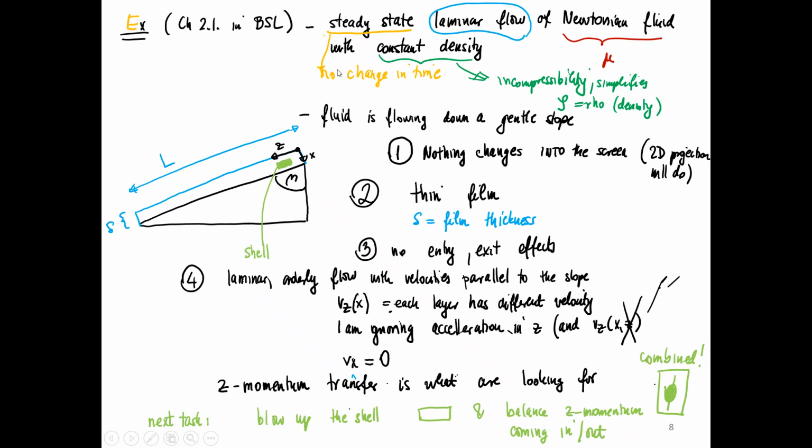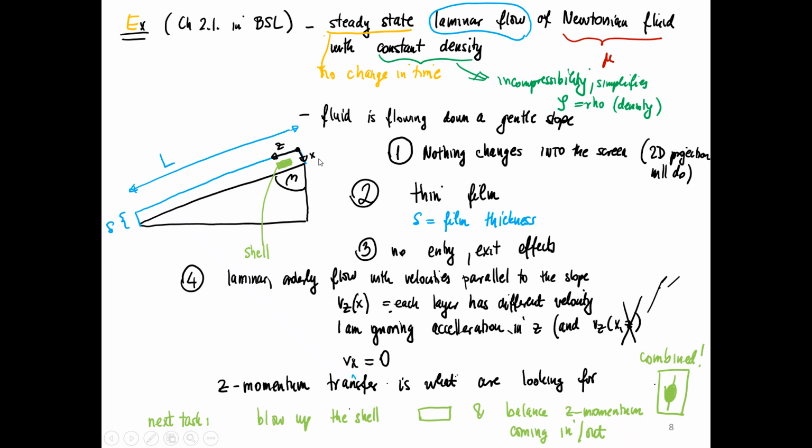It's steady state, so I have waited for it to stabilize in time. I don't consider any disturbances that I would have in the lab by entering and exiting, so I'm somewhere in the middle of the flow where it's well established. Okay? And nothing changes into the screen. Delta is now my film thickness, and it's considered small.